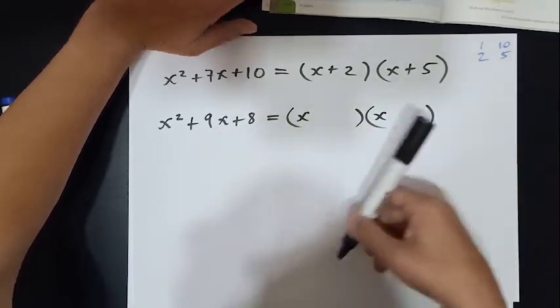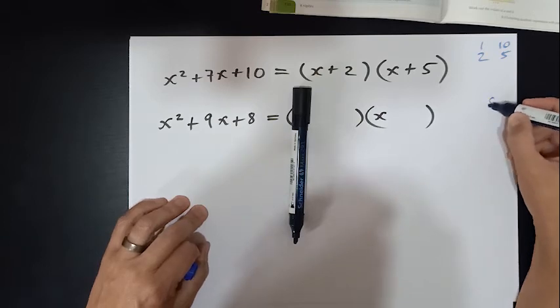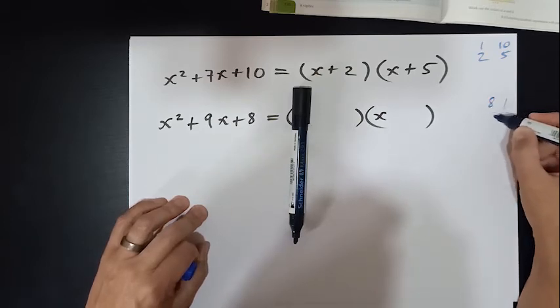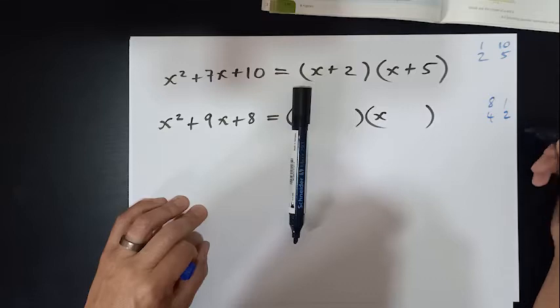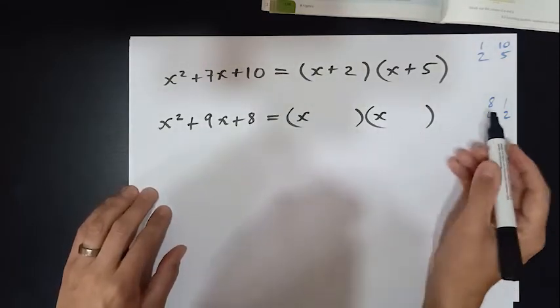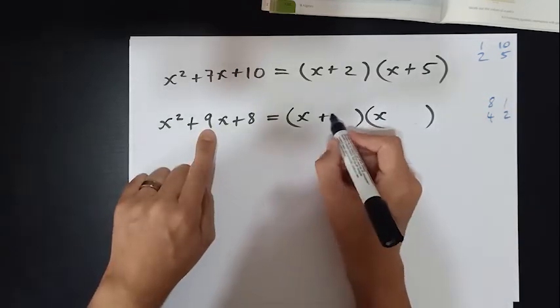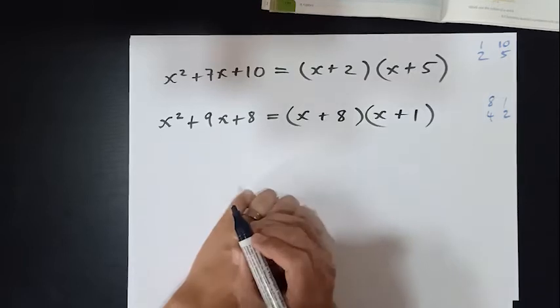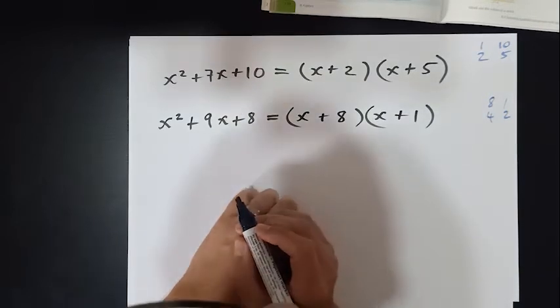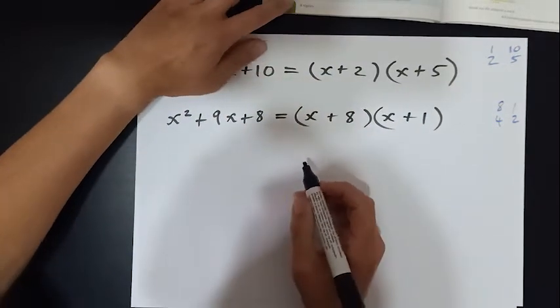If you need to, jot it down in the side of the book. 8 and 1, 4 and 2, do it in a logical way. Those two, 8 and 1, add up to 9. So it's going to be plus 8, plus 1. Easy peasy lemon squeezy.